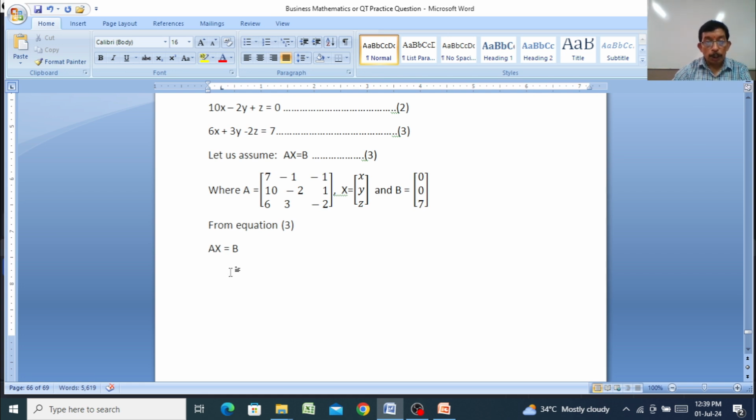Same procedure adopted in the previous question. Then we get the value of X is equal to A inverse B. Then we write down: multiply both sides by A inverse.